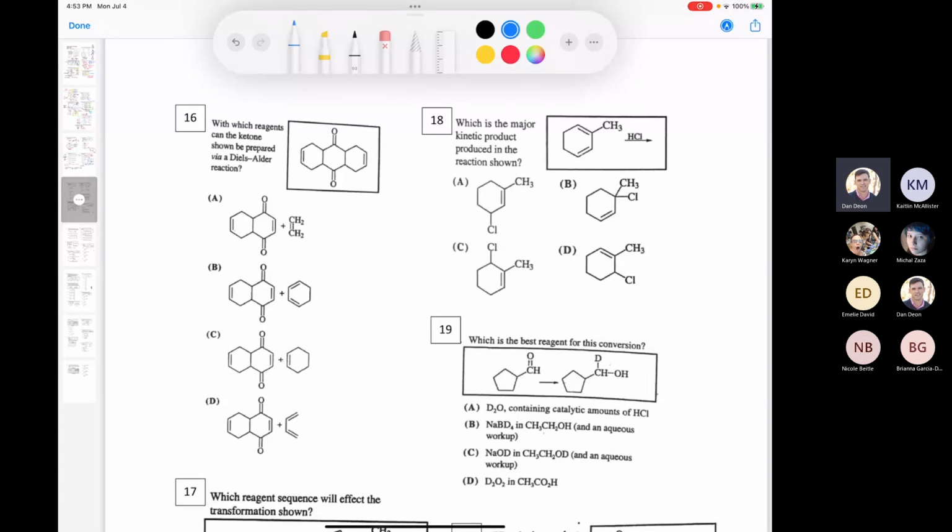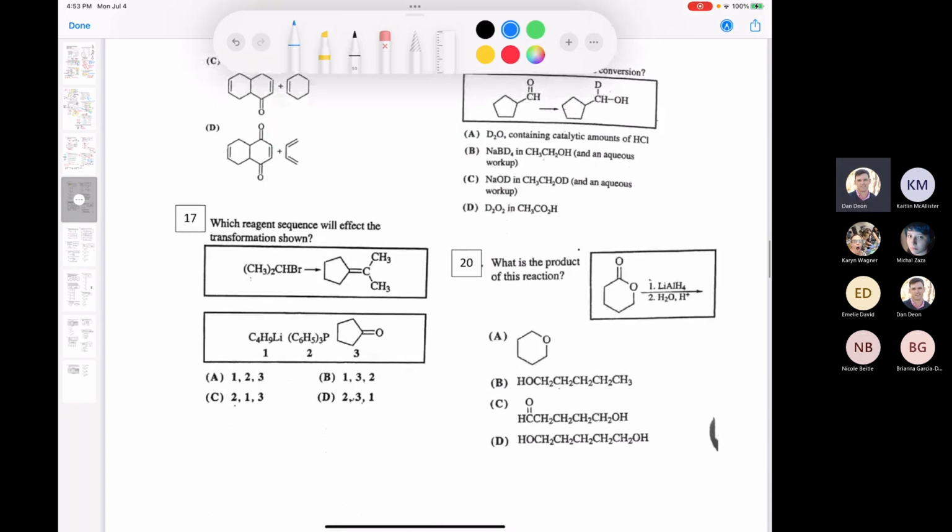So if you look at the first one, 16, you can see that it involves Diels-Alder chemistry. That would be chapter 16. So this would be a chapter 16 thing, Diels-Alder. And then the next one, 17, you can see that you've got a triphenylphosphine in here.